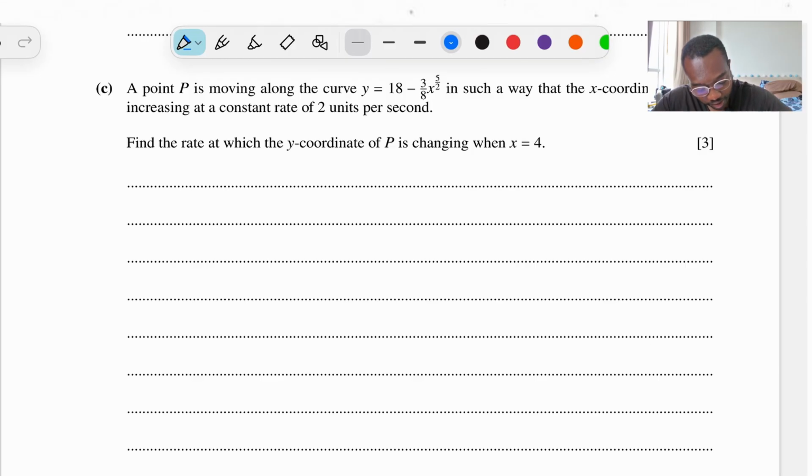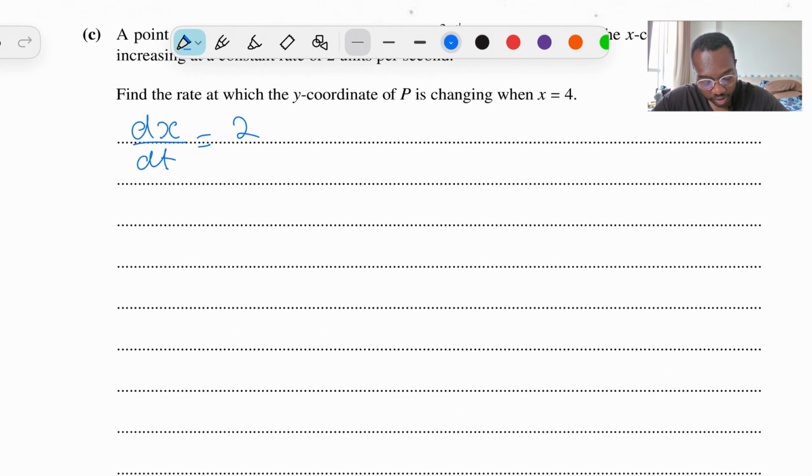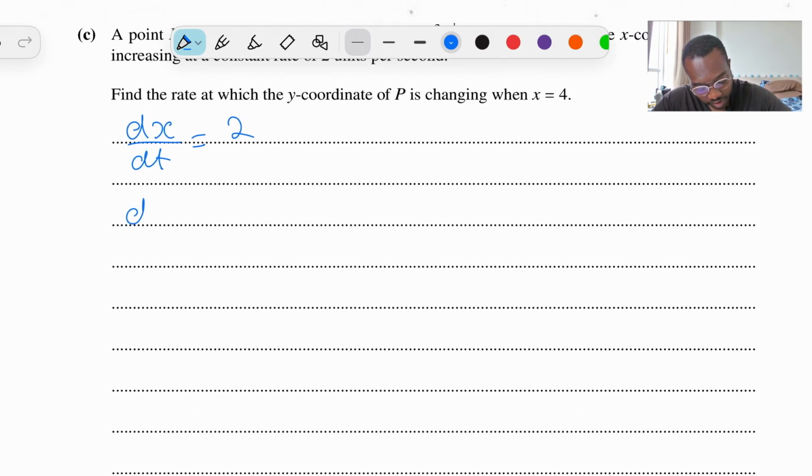So we know that we're dealing with dx over dt, and that must equal 2. And we want to find the rate at which the y coordinate of P is changing when x is equal to 4. So when dealing with rates, in this case, we want to work out dy over dt. And if we think about an expression for this, this would be dy over dx times dx over dt.